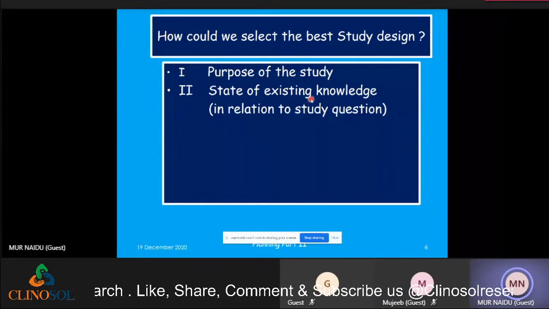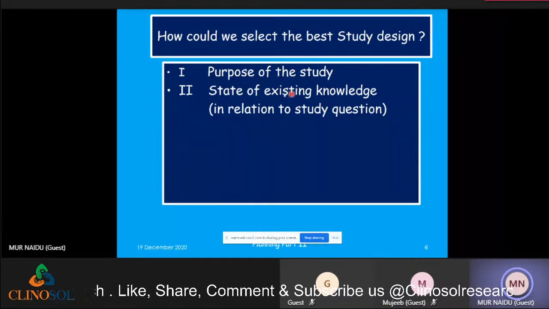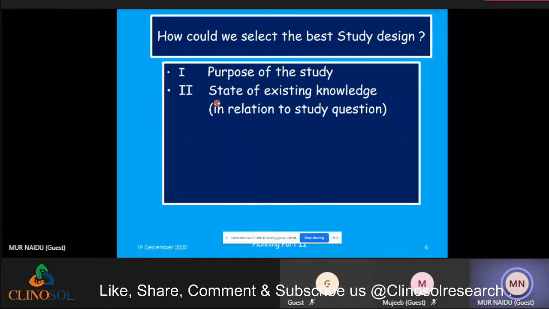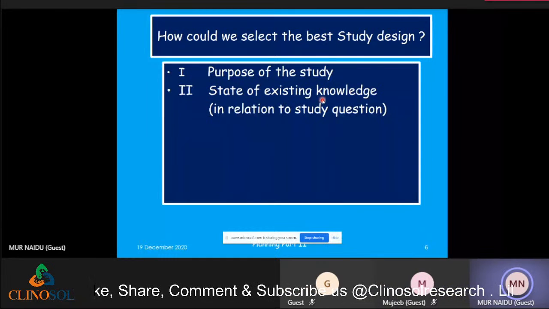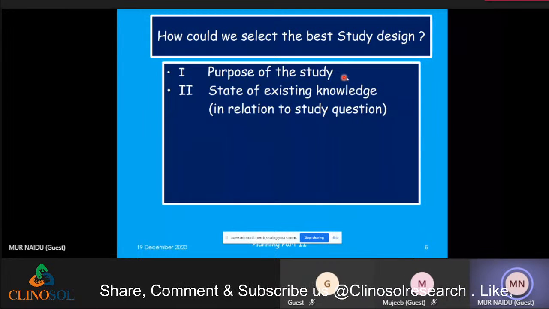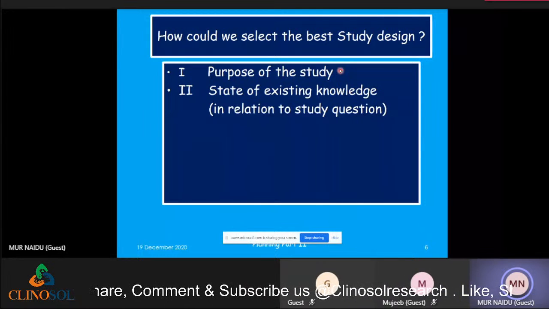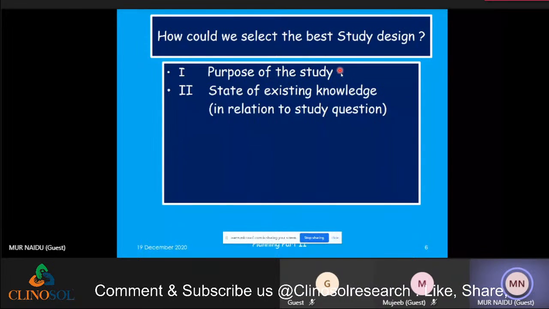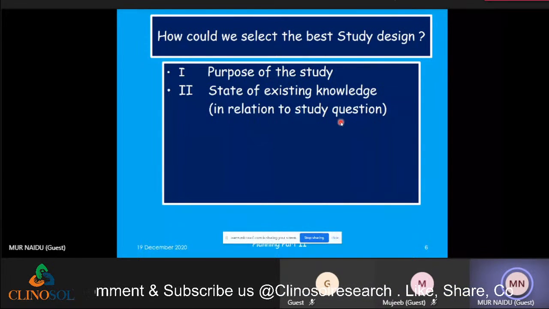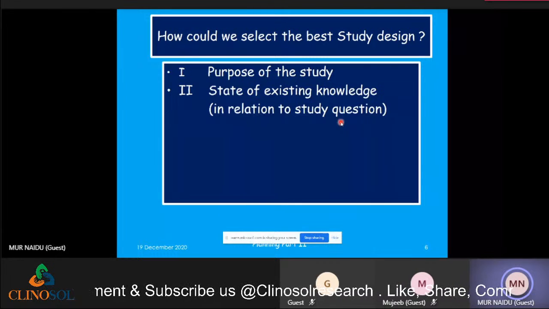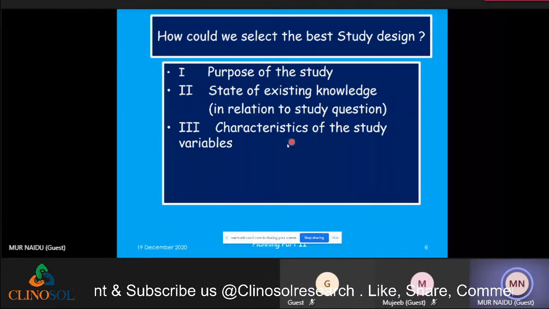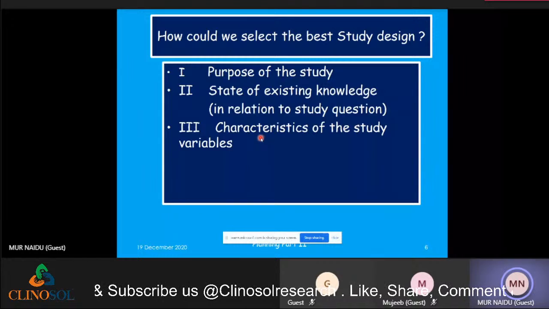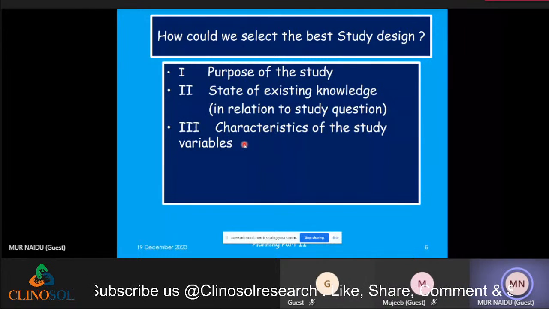Once you do the review of literature, you will find out what type of work people have done, and based on that knowledge, you have to design which will be the best one for you related to your study question. So this is the second factor. The third factor is very important: the variable.